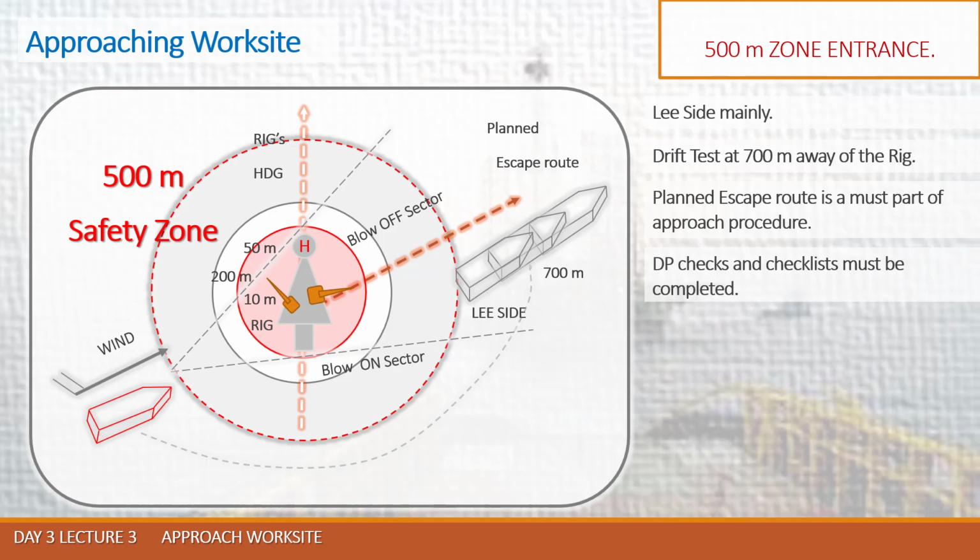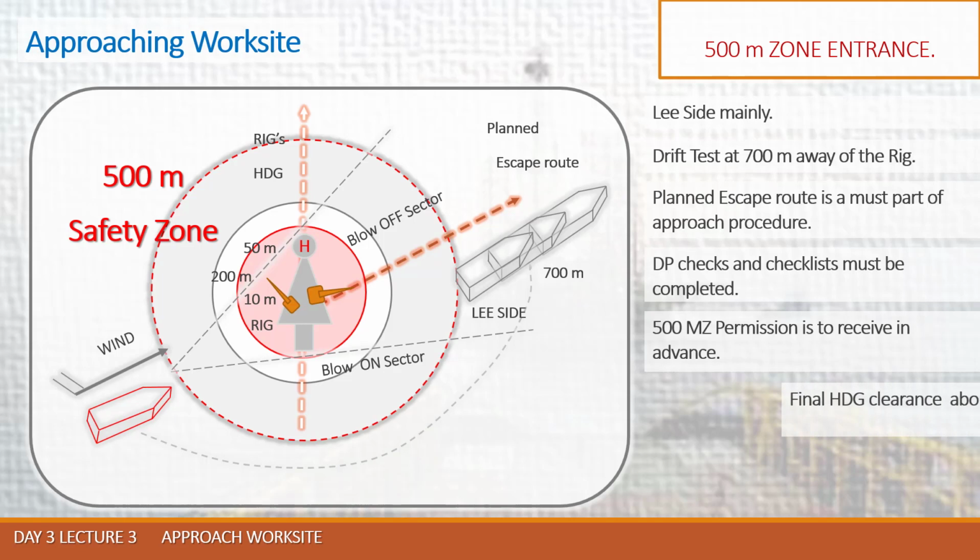After that, permission must be provided to enter inside the 500-meter zone. The operator should know the rig's heading, and the vessel's final heading under the installation should be planned in advance. We have to bear in mind the influence of the wind when we are planning the approach.